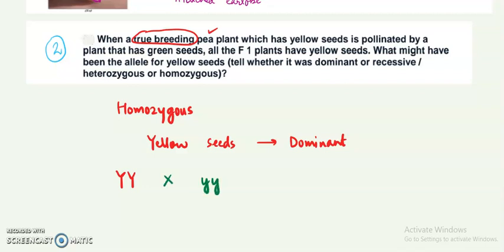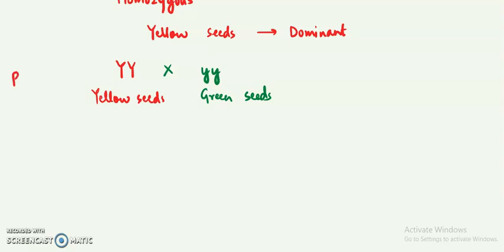So we would be taking the genotype yy for the green seeds and capital YY for the yellow seeds, right? Now let's see what they have written further, that F1 plants have yellow seeds. So in this case, all the F1 plants would have yellow seeds because these are our parents, and once we form gametes through them, it would be capital Y here and small y here. So these are the gametes.